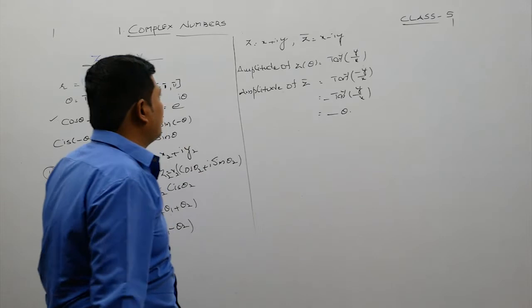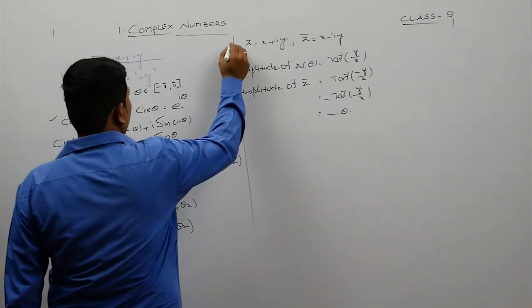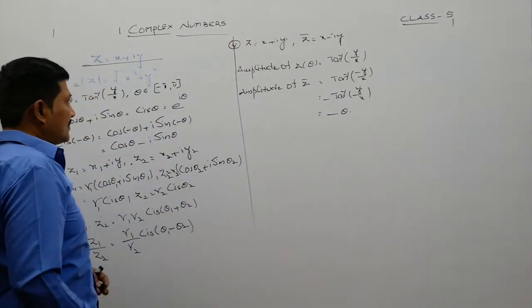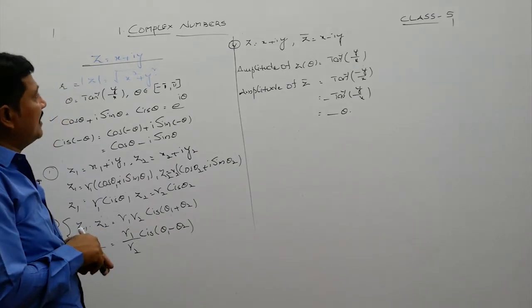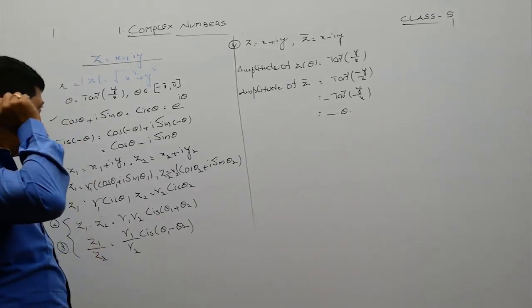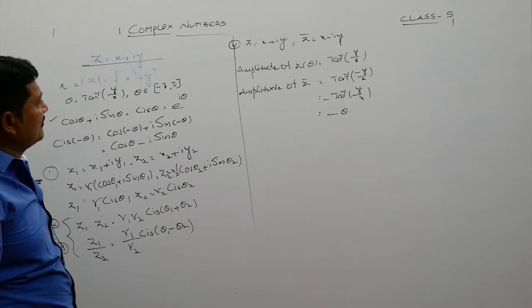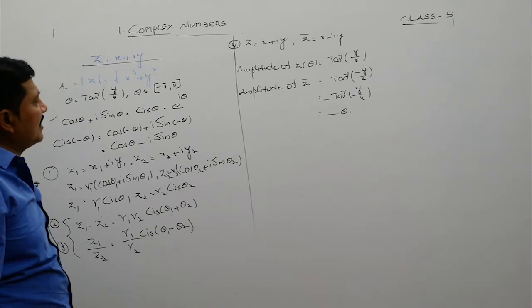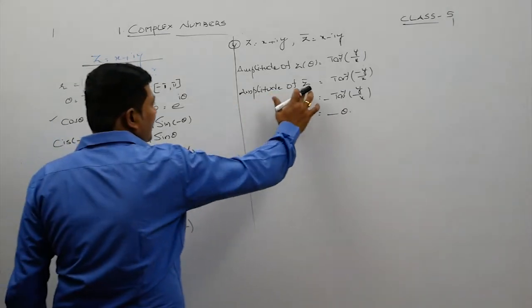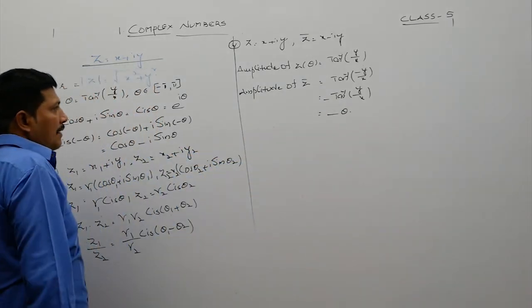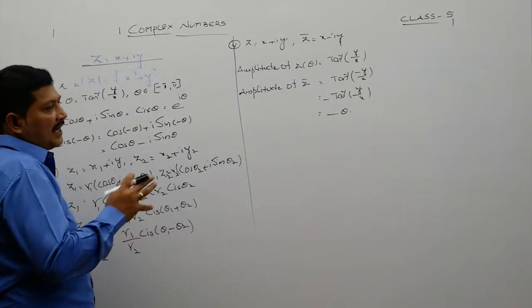So this is another point to be remembered, point number 4. z is equal to x plus iy, z bar is equal to x minus iy, then the amplitude of z is equal to theta, then automatically the amplitude of z bar is equal to minus theta. So the amplitudes differ by the negative sign.